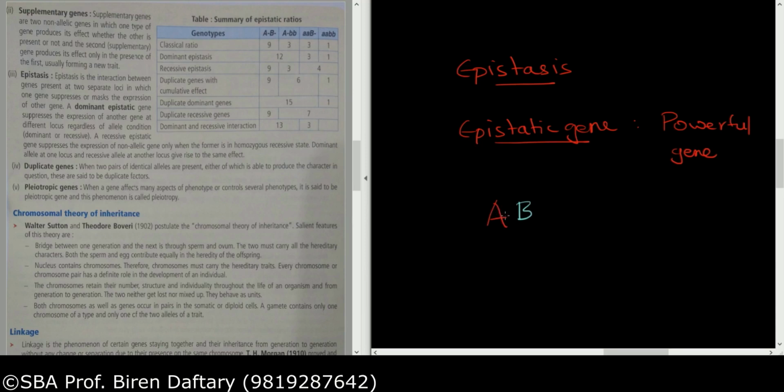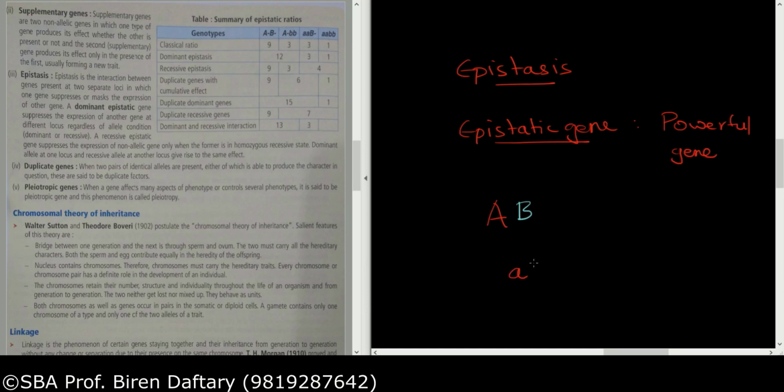Even if B is present, only A will show its trait. Suppose I write another example: if small a is an epistatic gene, then when this is present, it will not allow any other gene to show its effect.